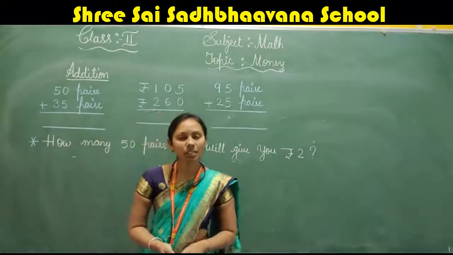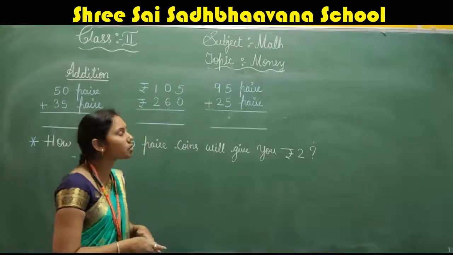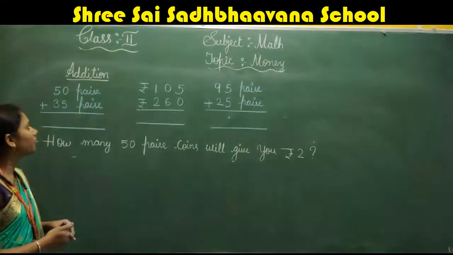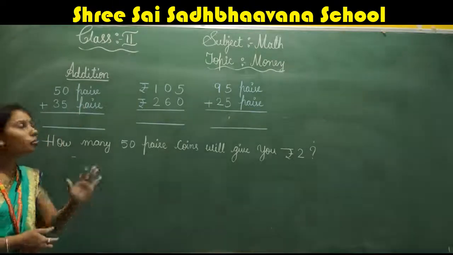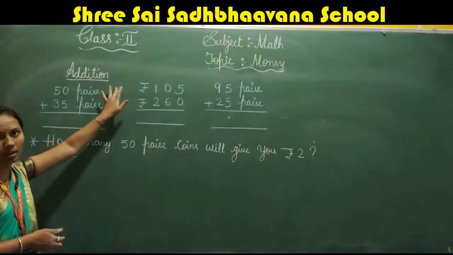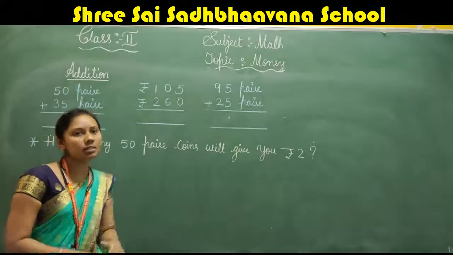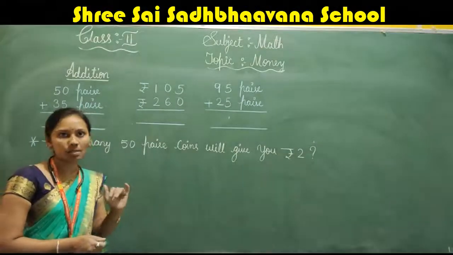Yes, children, here we shall learn to shop for different things in terms of paise and rupees. When we add paise, using the concept of addition, we shall learn how to shop for different things in terms of paise and rupees.